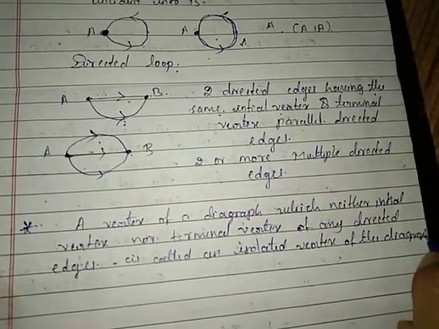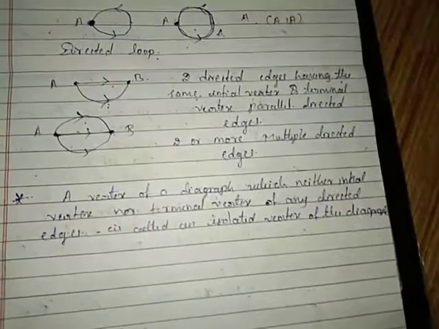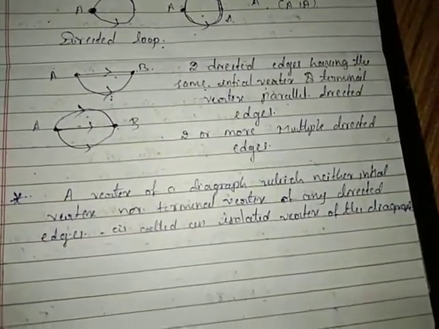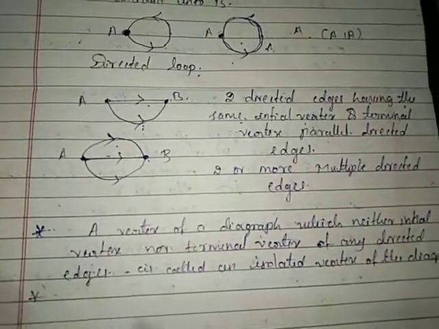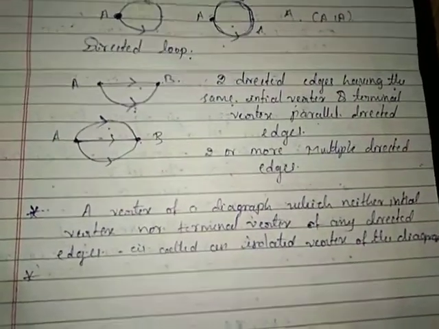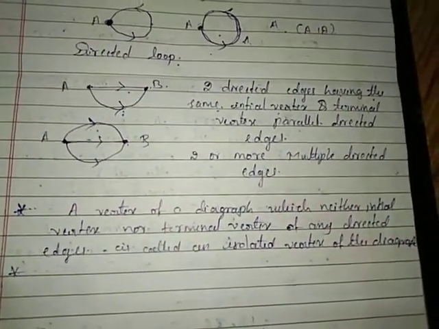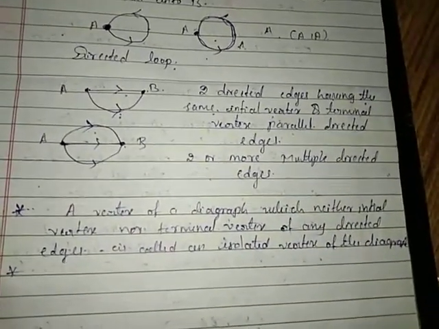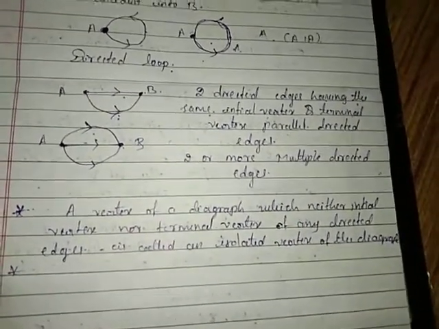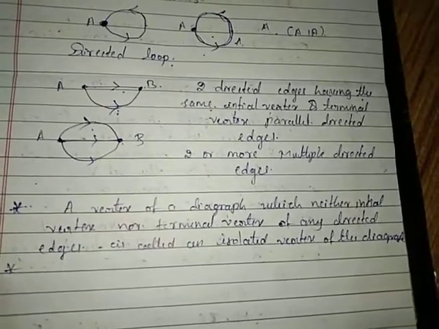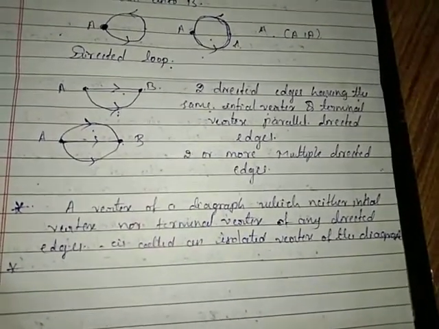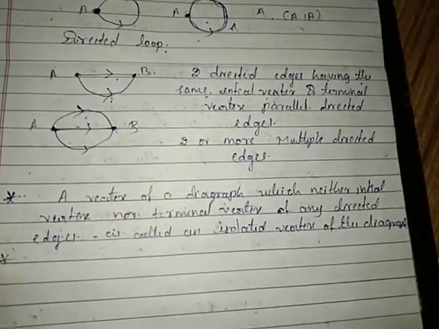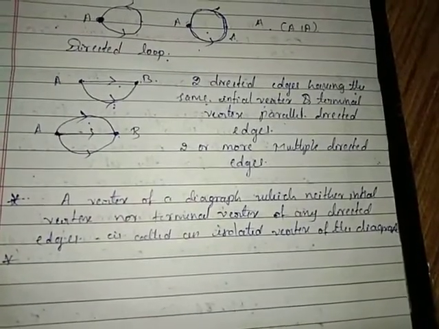Digraph is nothing but the directed graph; directed graph and digraph are the same. A non-isolated vertex is a vertex which is either a terminal or initial vertex of a directed edge.